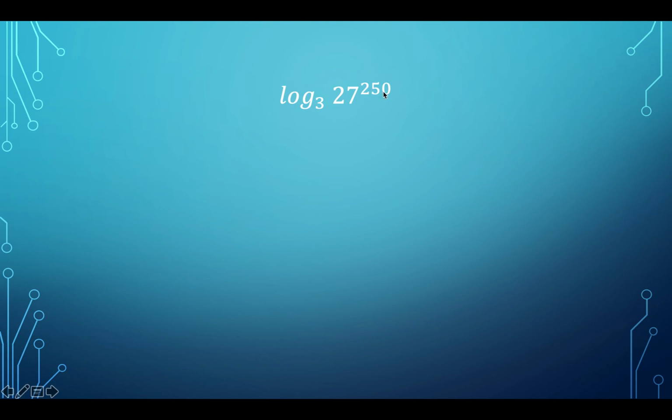What we're doing is we're taking this exponent and bringing it down in front of the log. So we're bringing it down. So we're multiplying now 250 times whatever log base 3 of 27 simplifies down to. So we bring down our 250 into the front. So now it becomes 250 times log base 3 of 27.